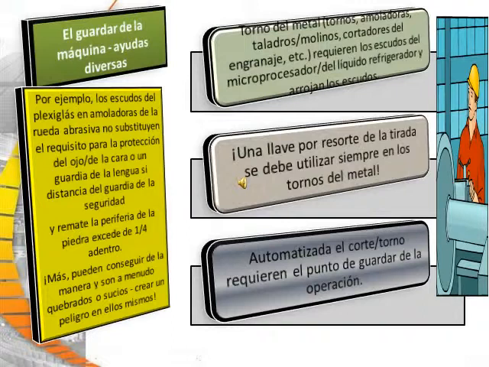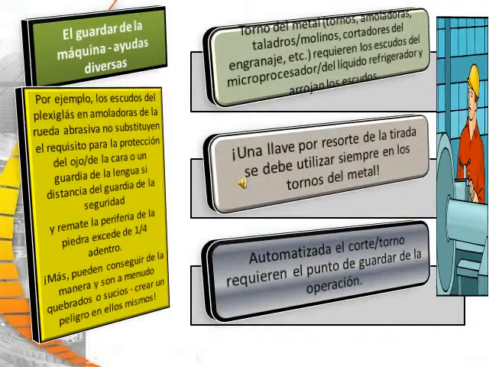Machine guarding includes metal turning machines such as lathes, grinders, drills, and gear cutters, which require chip and coolant shields and chuck shields. A spring-loaded chuck wrench should always be used on metal lathes. Automatic cutting and turning machines require point-of-operation guarding.